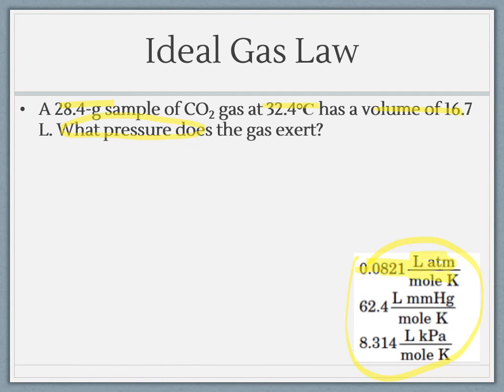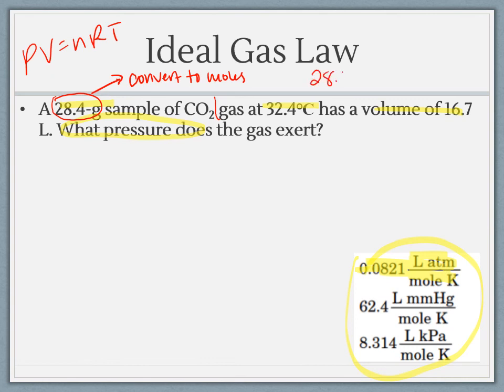But now, we have one problem. PV equals nRT. There is no variable for grams. I mentioned this before. If we're given grams, then we have to convert those grams to moles. But we have been doing that since Unit 5.